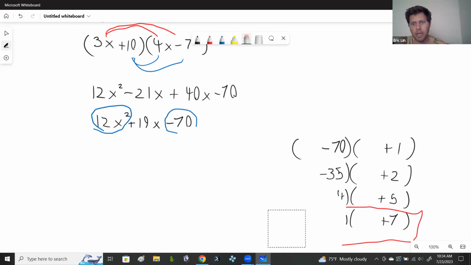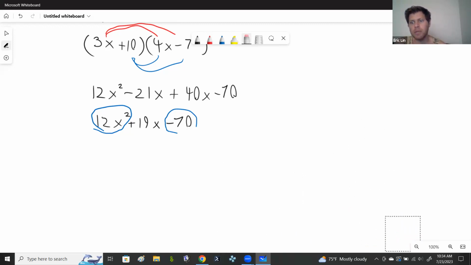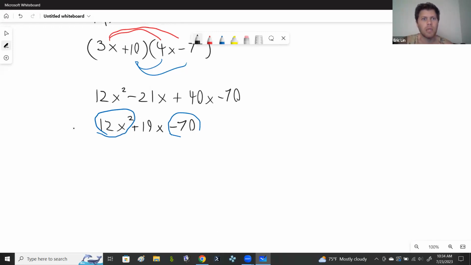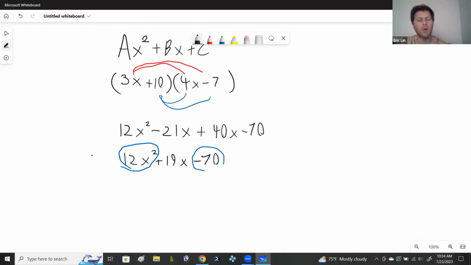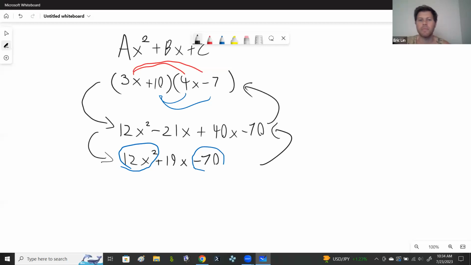And before we do that, I want to observe the method of foiling. What I want you to notice is we have this intermediate step. We go from here to here, and then from here to here. So when we factor, we are going to choose to go backwards.